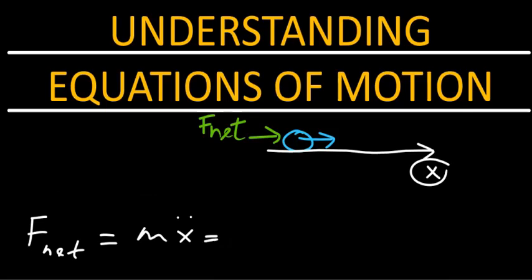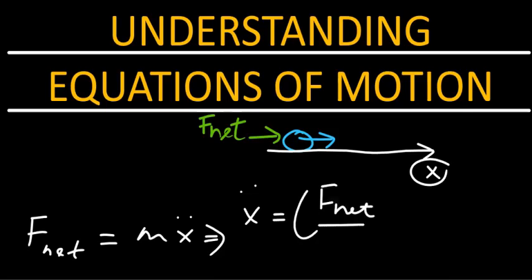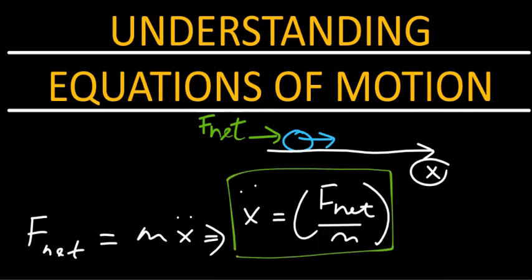If we know the net force, then we can rewrite that equation in the following form: x double dot equals net force over mass. This corresponds to the equation of motion for the system.